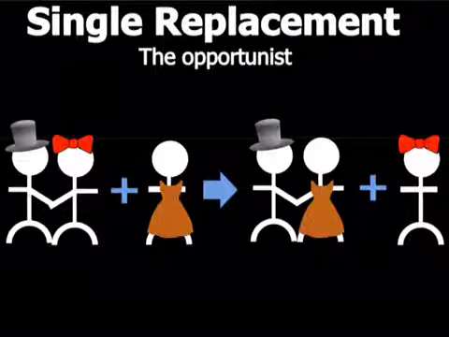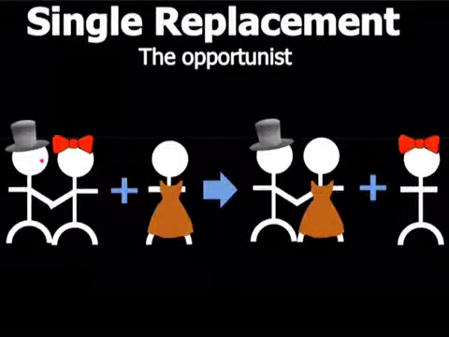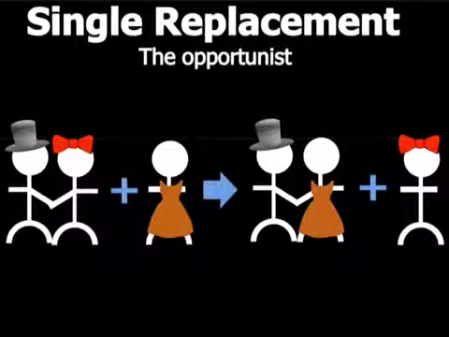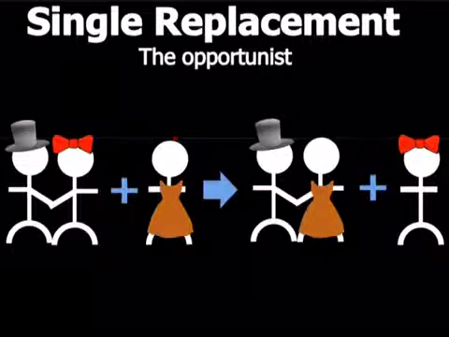And so here we have a representation of a single replacement. Here we have this couple, the guy in the top hat and the gal in the bow, and then there's this lady in the brown dress. All of a sudden, this guy catches her eye. He's going to dump this gal. She's gone. He's going to go with her.